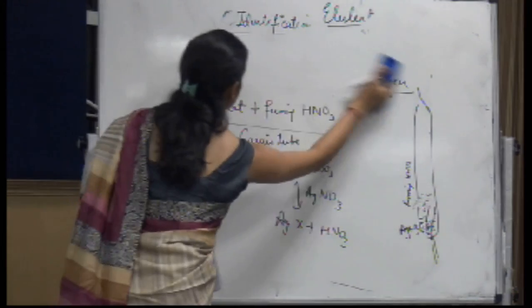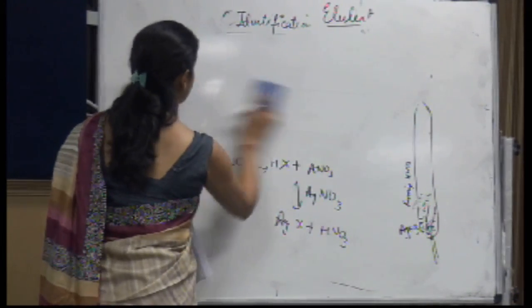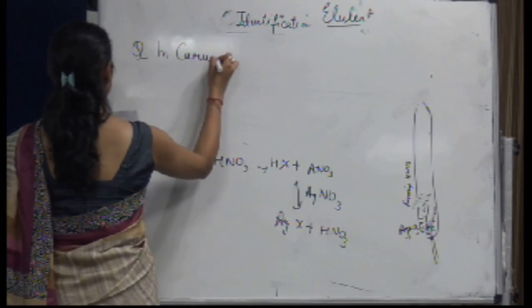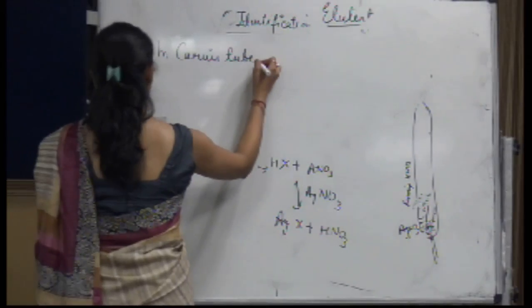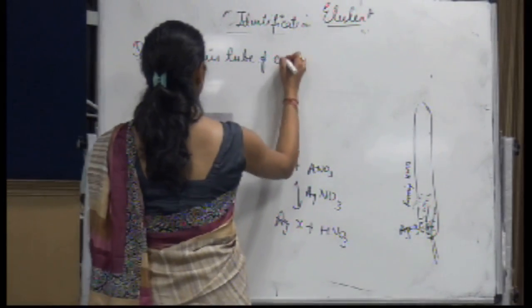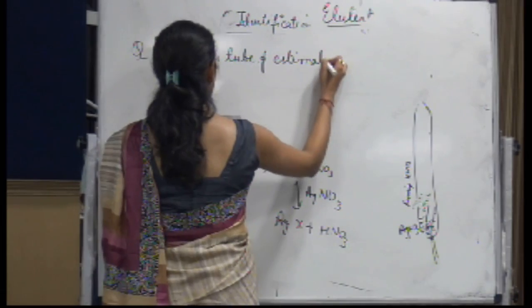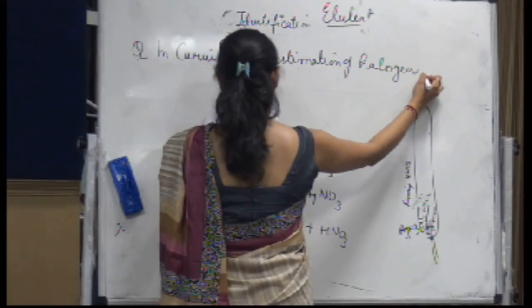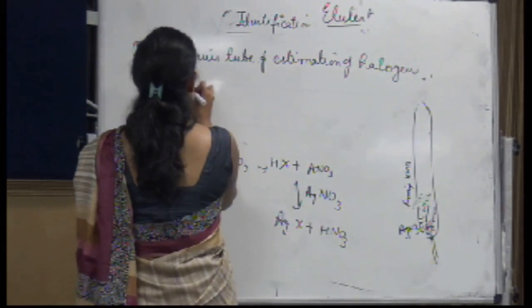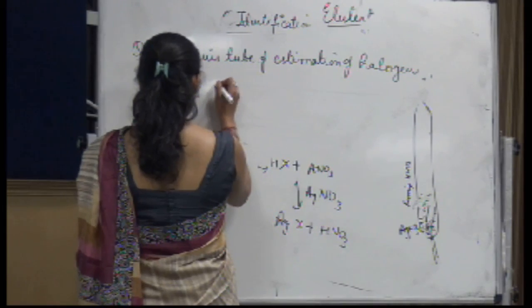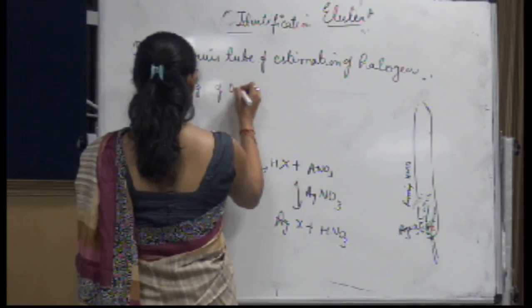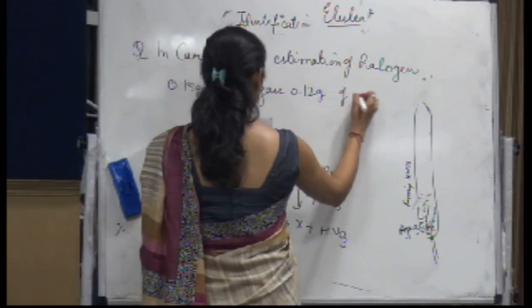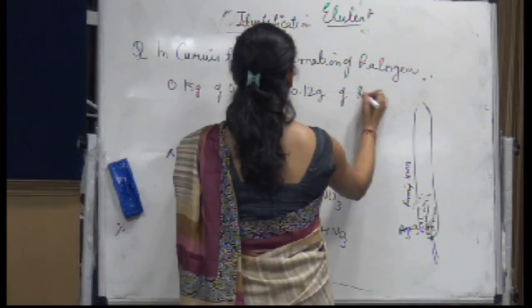Now write down one question. In Carius tube estimation of halogen, 0.15 grams of organic compound gave 0.12 grams of AgBr.